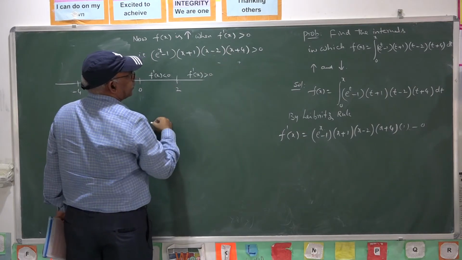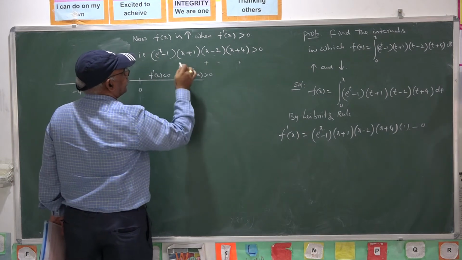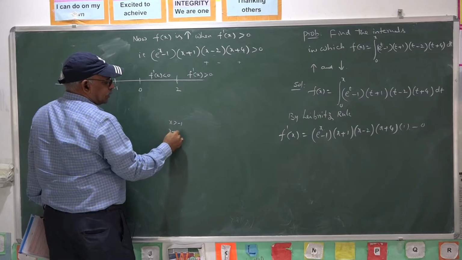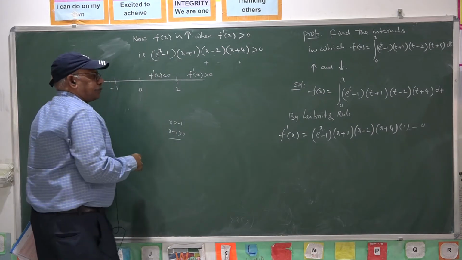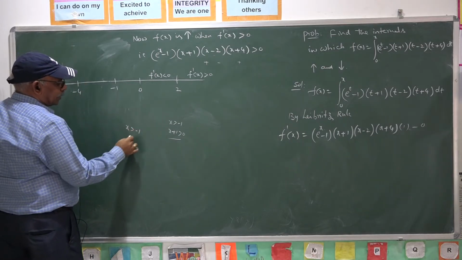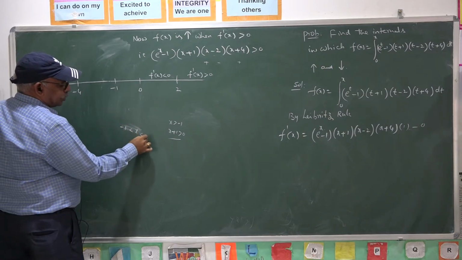Positive, negative. And this one is clearly positive, because x is more than -1, x plus 1 is more than 0.